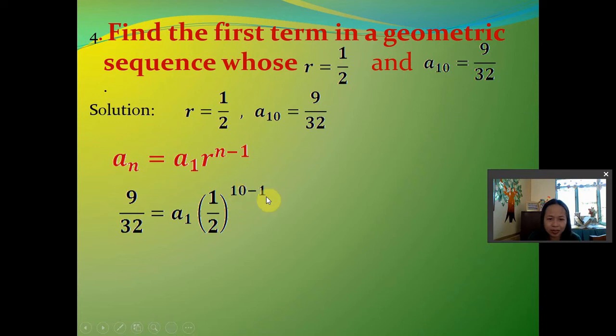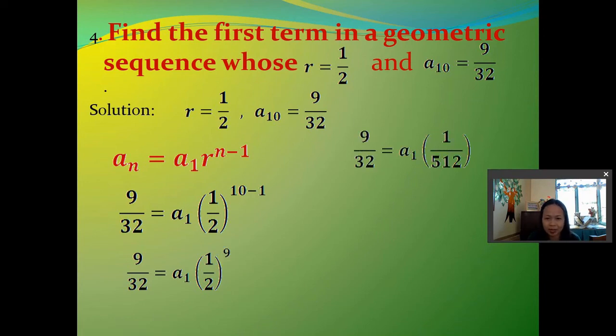In this part, you are going to simplify this part first. So this will become 9, since 10 minus 1 is 9. What will happen next? 1/2 exponent 9 will become 1/512. How did we get 1/512?